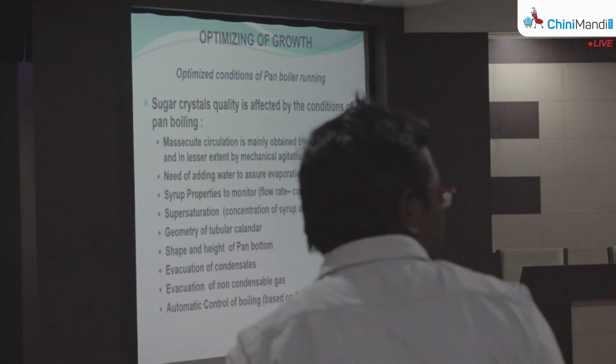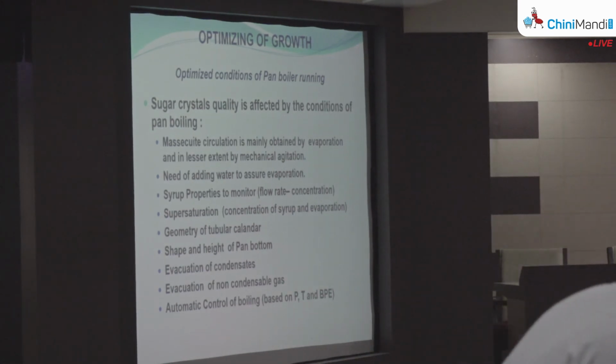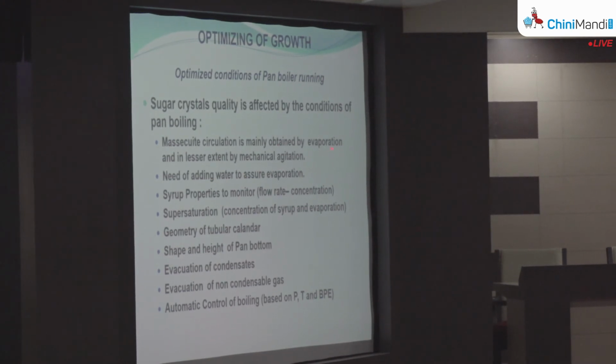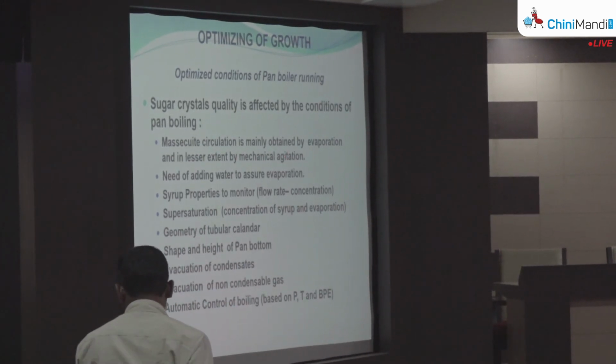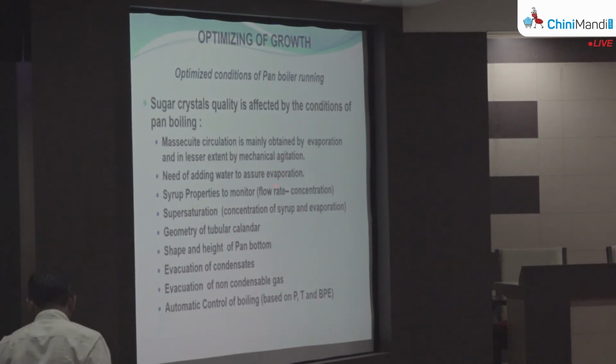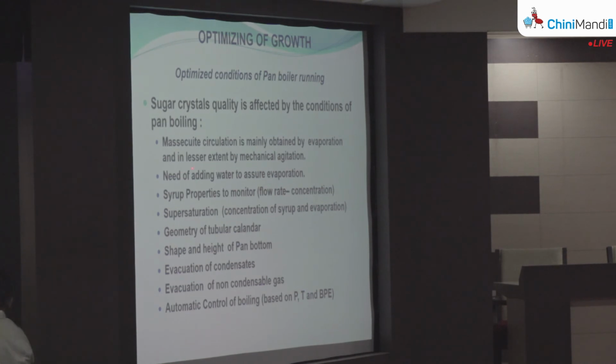So the optimized condition for pan boiler running needs mass heat circulation mainly obtained by evaporation, and to a lesser extent by mechanical agitation, with the need of adding water to assure evaporation. Syrup properties to monitor are flow rate, concentration, and supersaturation.